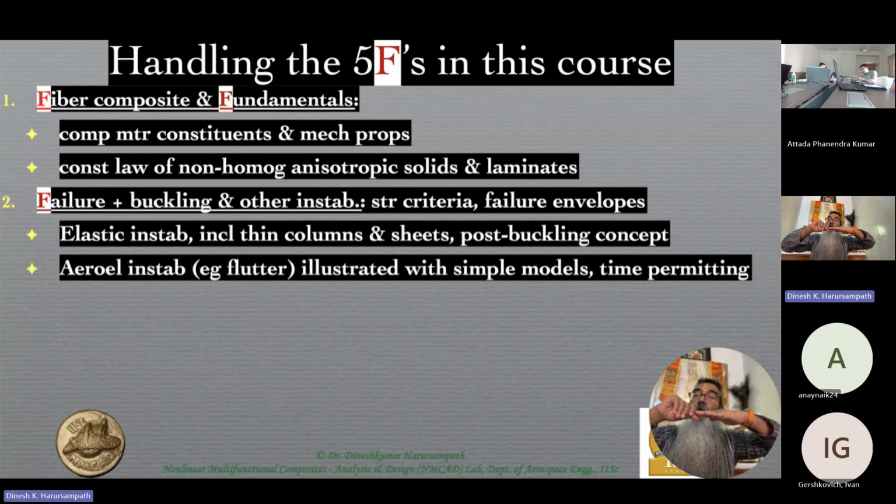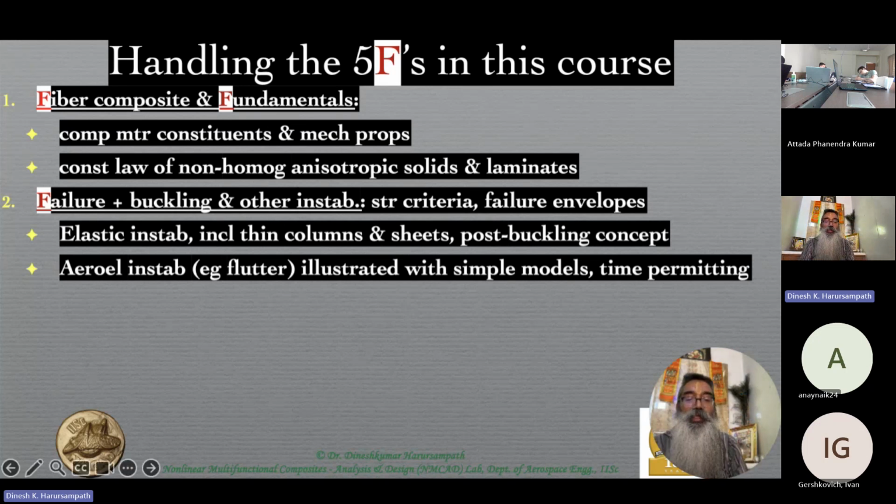So a load by itself will probably give a certain understanding of failure, but in the presence of other loads, it might become a little more critical. So that's when we have to talk about what are known as failure envelopes. We will discuss this in a little more detail when we go there, so don't worry if you don't understand what it means at this point in time.